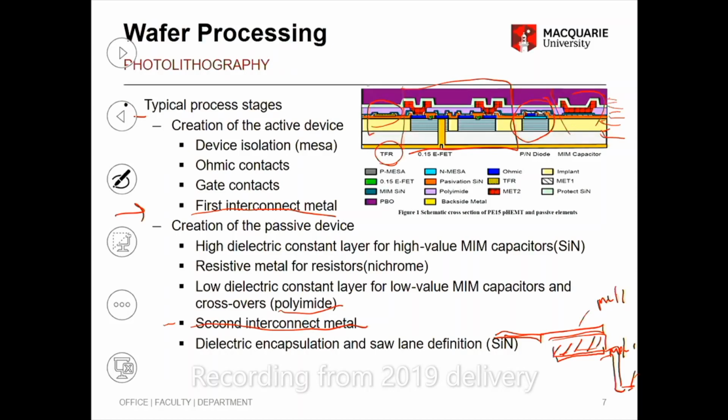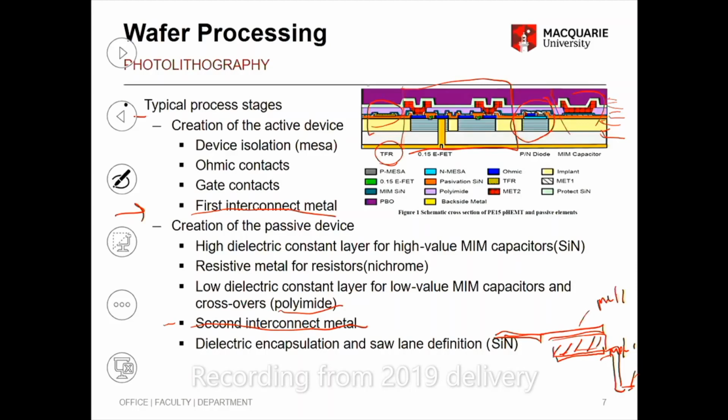Any questions? So the dielectric between the two plates, is that decided by the designer, or is that decided by the fab? Yeah. When you get the PDK, you specify the length and width, and it will calculate the capacitance for you. So it's pretty much the fab that selects it.